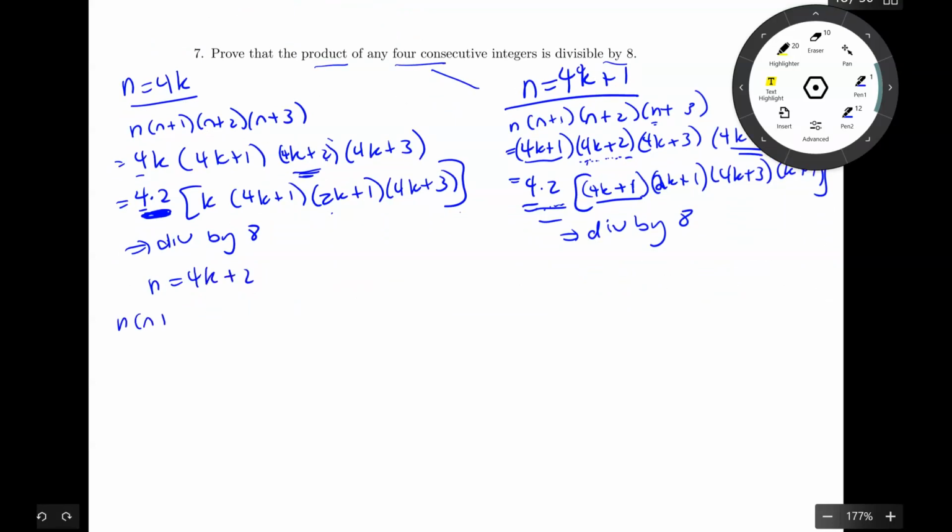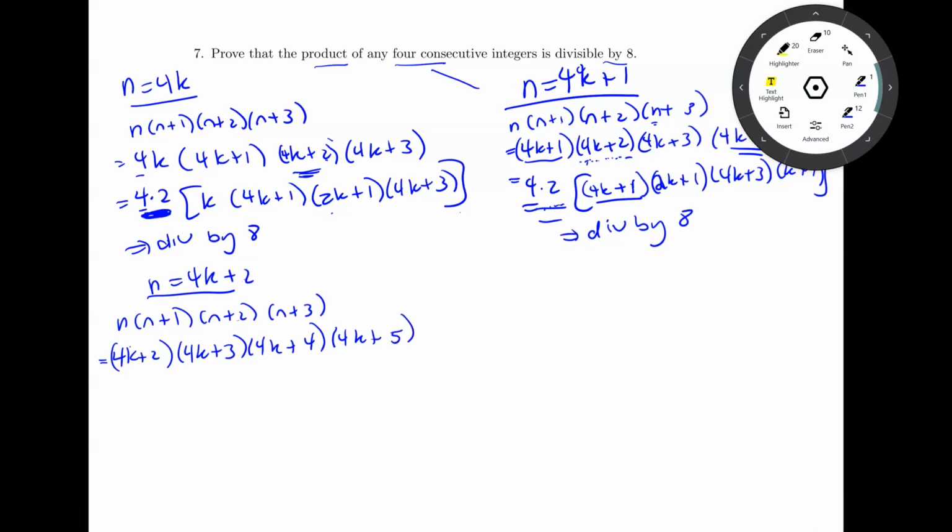So 4k plus 2. So n times n plus 1, n plus 2, n plus 3. Okay, now I'm using this case, right? So this equals 4k plus 2, 4k plus 3, and I'm adding a 2 and a 2, so that gives me a 4, so 4k plus 4, and then 4k plus 5, right?